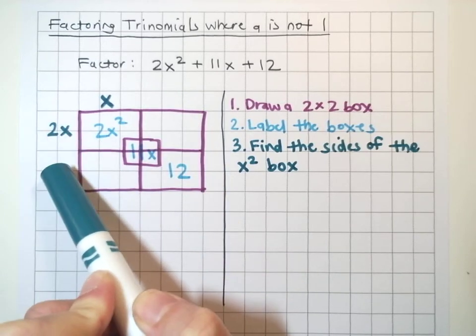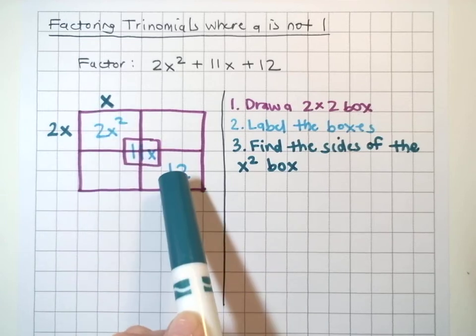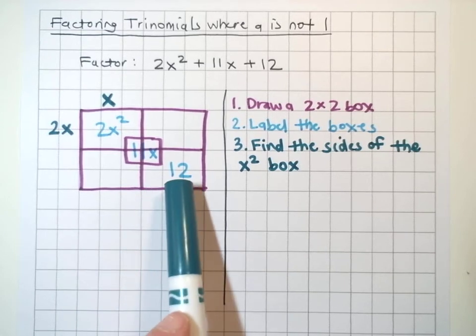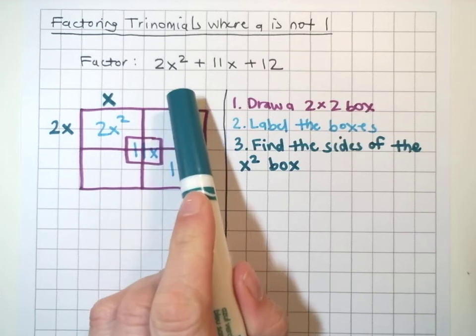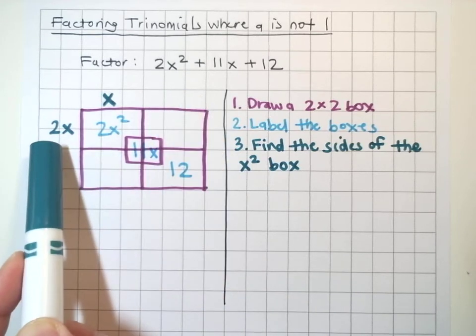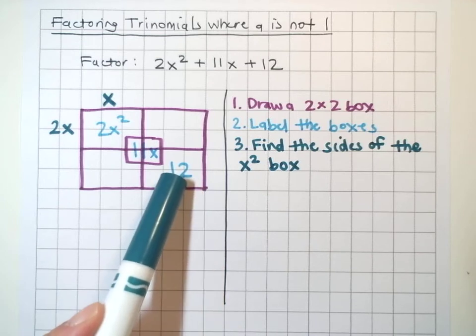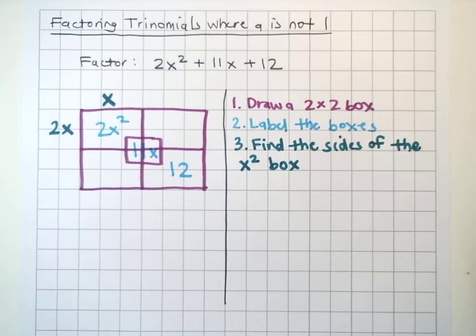But whatever we put here is just going to get multiplied by x. So we can't really use the approach we've been using and say what multiplies to 12 and adds to 11x, because whatever goes here gets multiplied by a 2. So we want to think of everything that multiplies to 12, and since this is positive, we know we're just going to be dealing with positives, but we're going to have to kind of guess and check.